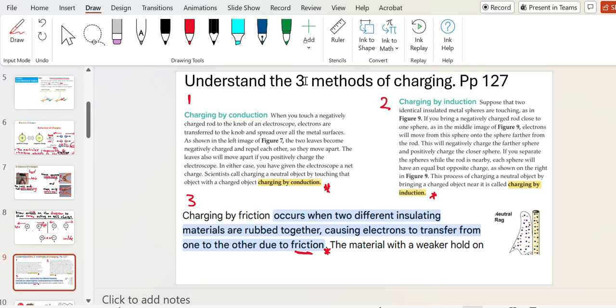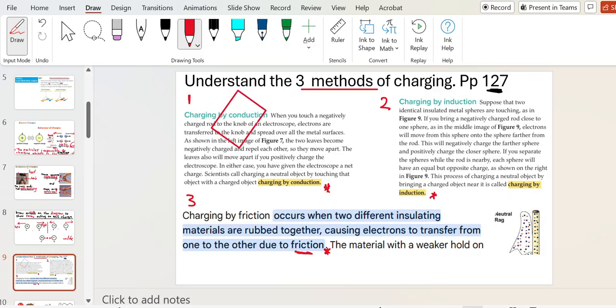Understand the methods, the three methods. You must understand, this is from page 127 of your book. You must understand the three methods of charging an object. When you read here, the first method is conduction.